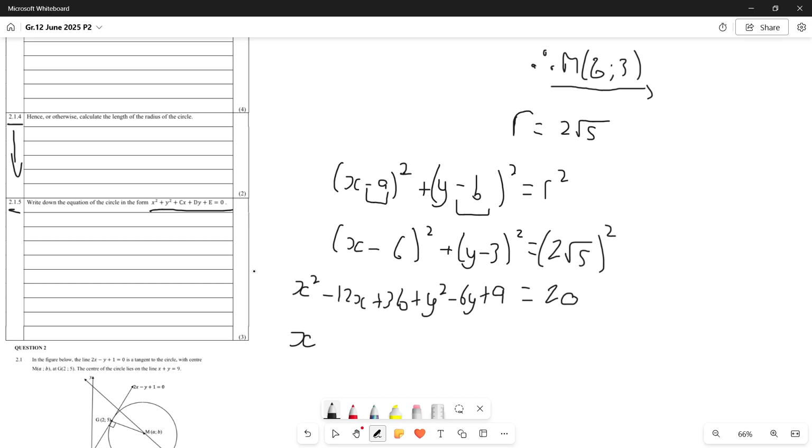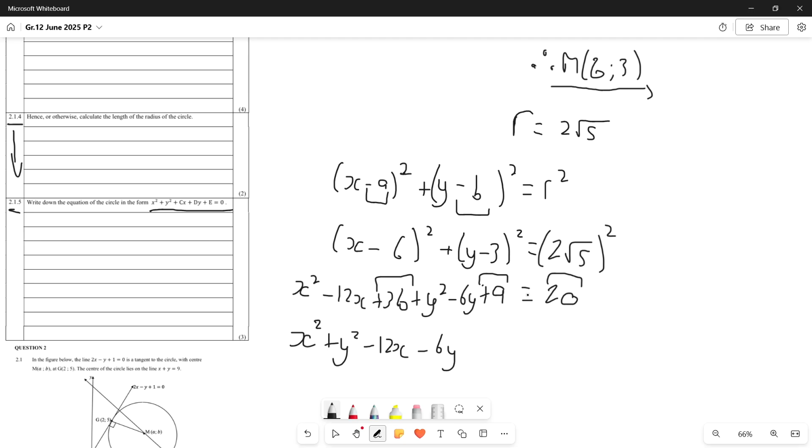Which means we can just simplify everything, taking it over. I'm already going to start putting it in the form that they want with the x squared first, then the y squared following. And then from there, a c with an x. So we have minus 12x. There were no other x's to simplify. A d with a y, so minus 6y. And then plus e. Plus e has no coordinates, which means it's our positive 36 here, our positive 9 over here, and this 20 here.